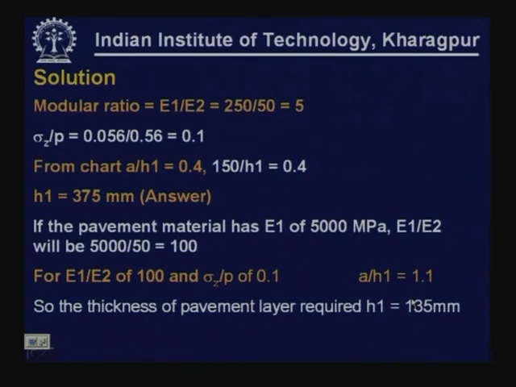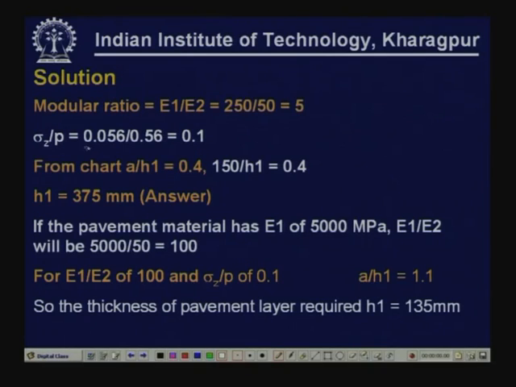So, the modular ratio E1 by E2 is 250 by 50, that is 5. So, for this sigma z by p is 0.056 by 0.56. The allowable stress is 0.056 and applied pressure is 0.56.